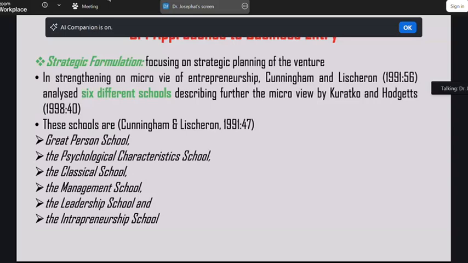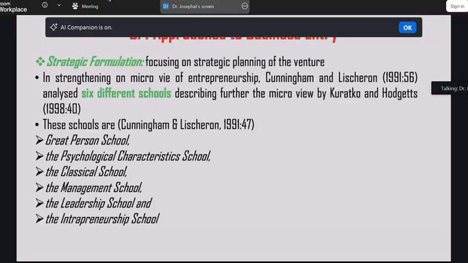So especially, it analyzed the six different schools, describing further the micro view by Cotrans and Hodgetts in 1998. So these are schools of thought kwenye upande wa strategic formulation: great person school, psychological characteristics school, classical school, management school, leadership school, and entrepreneurial school.